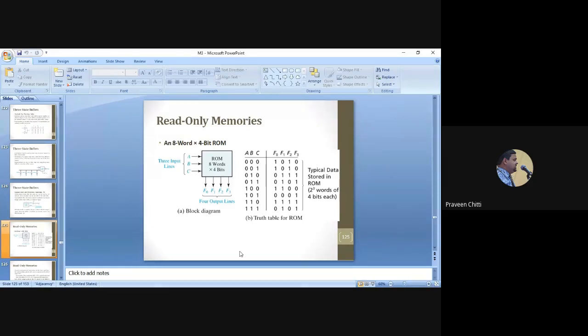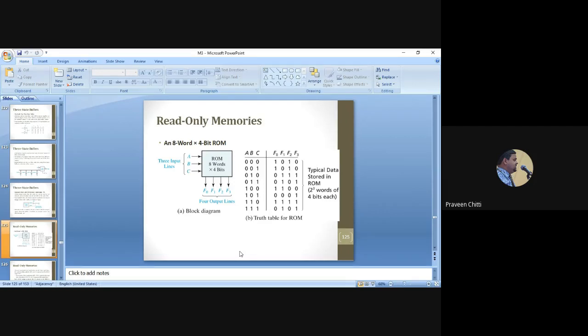Exactly in the same way, read-only memories can also be used to implement some Boolean functions. How that can be implemented using ROM, that's what we are going to study here.